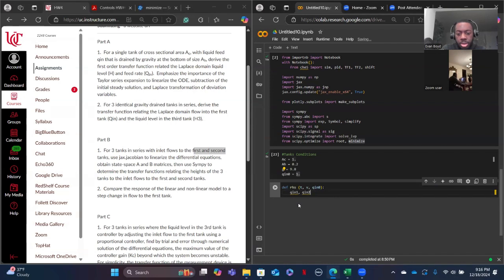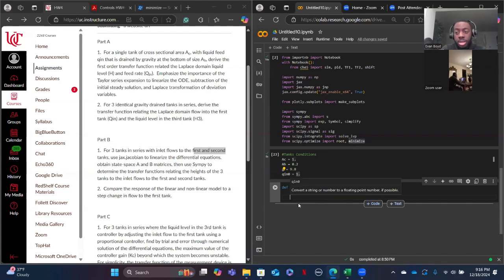This would just be equal to Qin for our function. And then for our heights, since our flows could be changing, we can also have set heights that we change as well. So we have to represent the heights in our tank: H1, H2, H3, and that will be equal to just V.